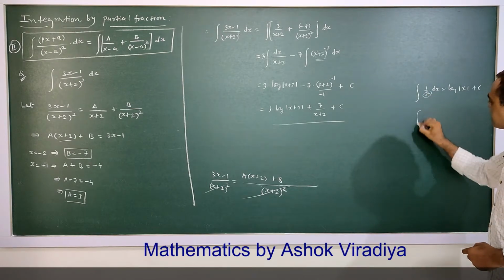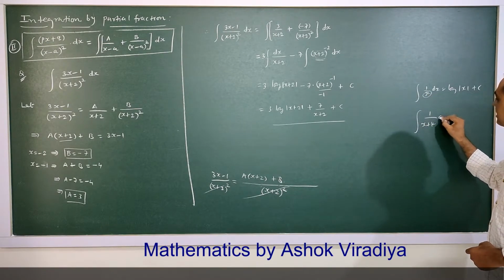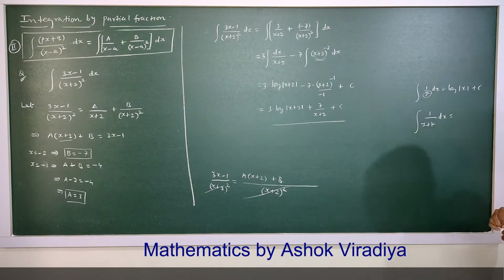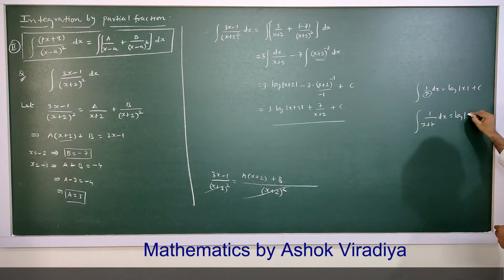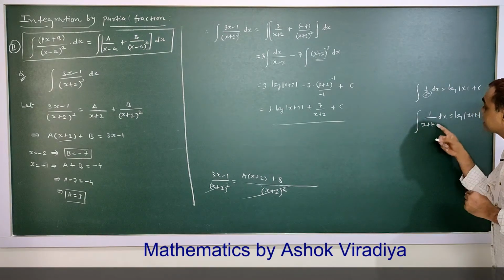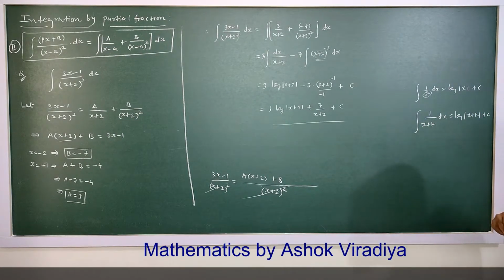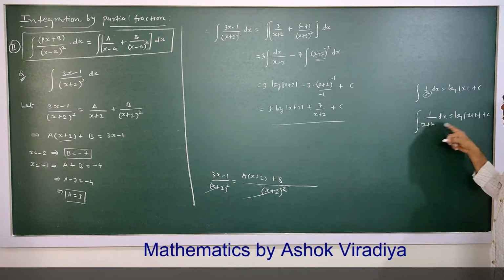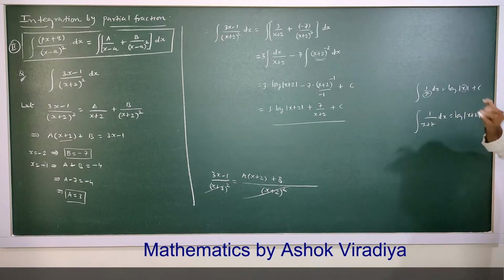Now in place of x, if x plus k is given, then keep the same application and replace x by x plus k. This is allowed, because when we take x plus k equal to t, dx is dt. There is no change in dx and dt. That's why here we can replace x by x plus k.